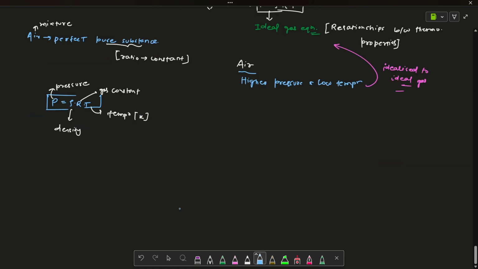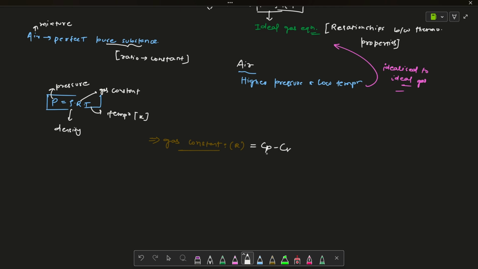Let's quickly discuss the gas constant, that is R. Gas constant is defined as Cp minus Cv. I'm sorry, I said it wrongly earlier.